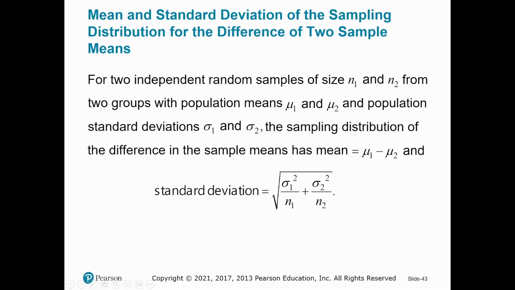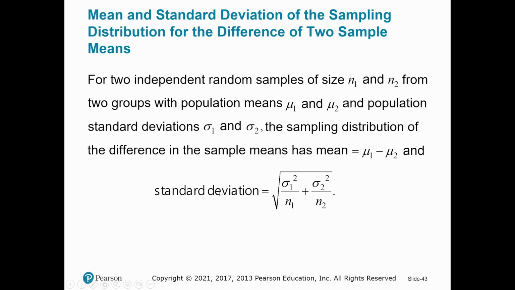For two independent random samples of size N1 and N2 from two groups with population means mu1 and mu2, and population standard deviations, lowercase Greek letter sigma sub 1 and sigma sub 2. Now, these are population standard deviations, not sample standard deviations.